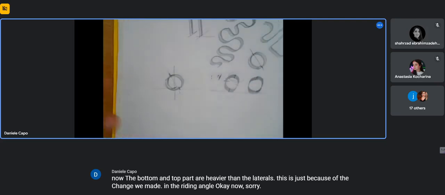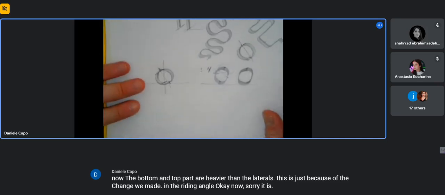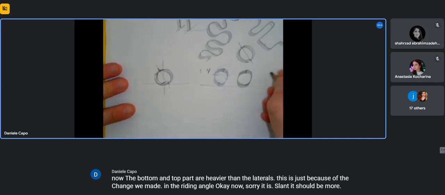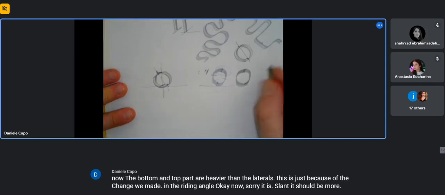Now, sorry, it is slanted. It should be more centered.